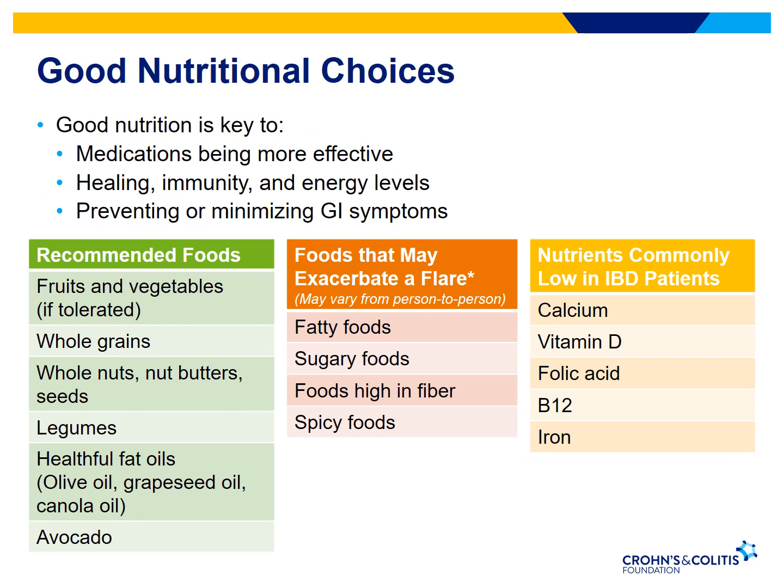Broadly speaking, these are some good nutritional choices. A plant-based diet that incorporates whole grains and healthy fats. Things to avoid would be excessively sugary foods and foods with artificial sweeteners, excessive caffeine. Those are more likely to trigger symptoms. It has been noted anecdotally that in the setting of a flare, some patients may be sensitive to dairy. Some.